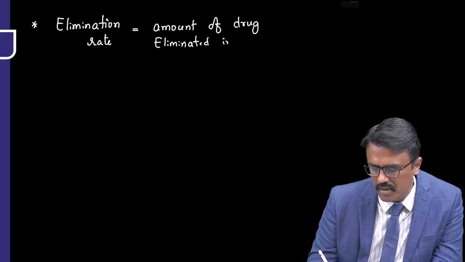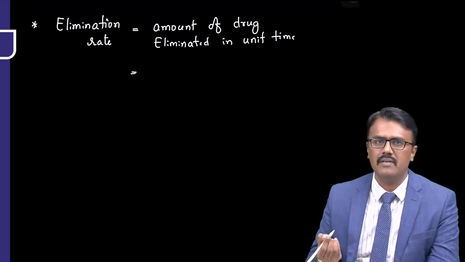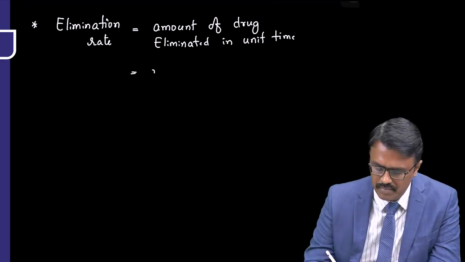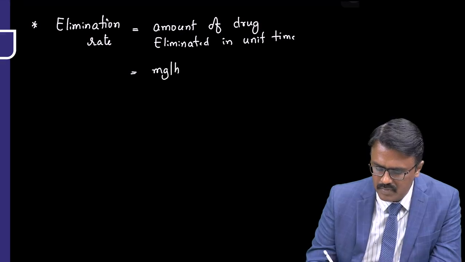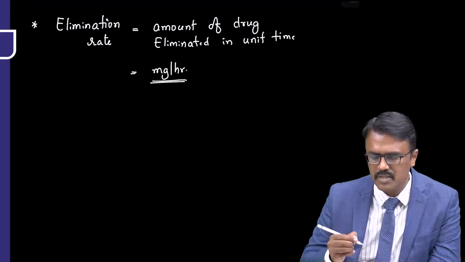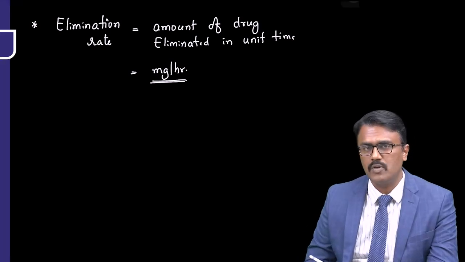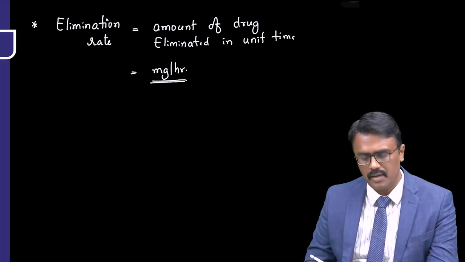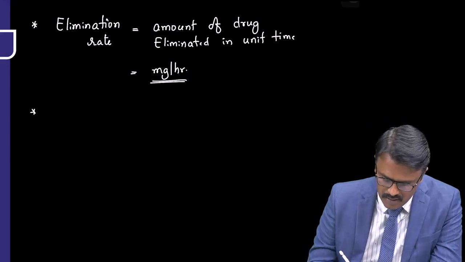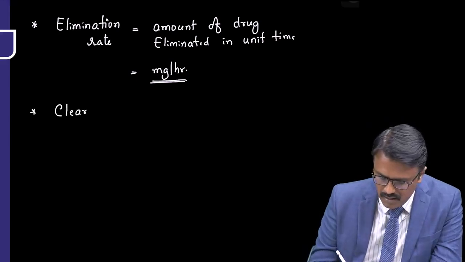So in a given time, how much is eliminated? Amount is expressed in milligram and time is expressed in hour, so it is expressed in milligram per hour. That is called elimination rate. Clear?